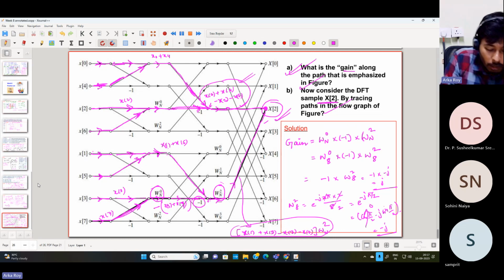I have covered the DIT DFT part, and followed by that I have taken some questions which deal with the bit reversal technique, then finding the DFT using the DIT DFT method, and some questions related to the properties of DFT, such as circular shift and all. So if you have any queries, you can just unmute yourself and ask. I'll be happy to answer the questions.